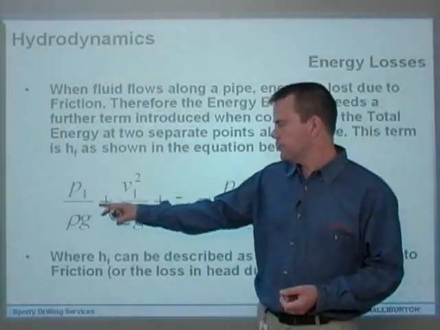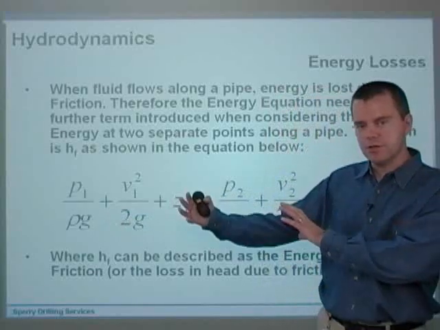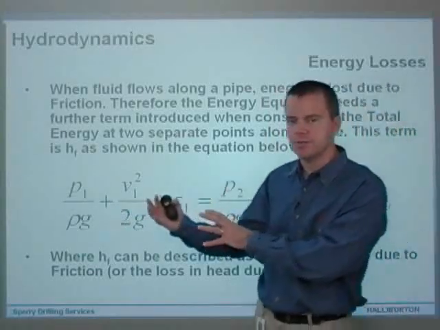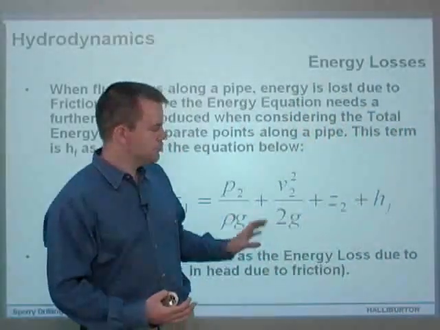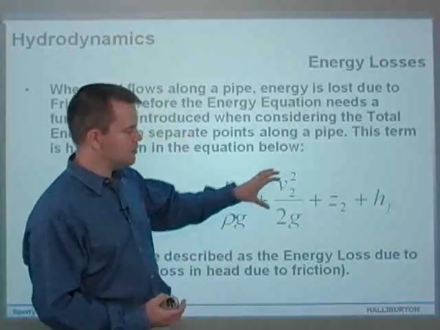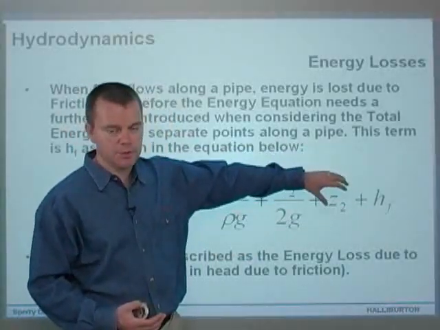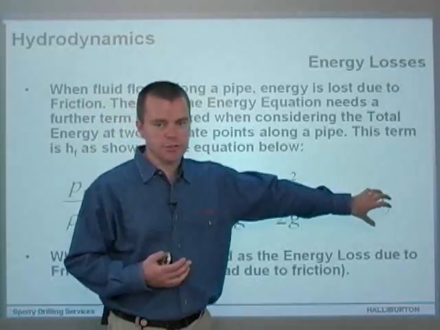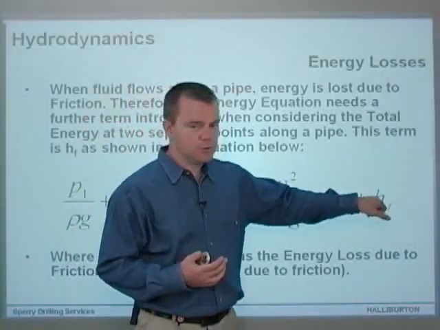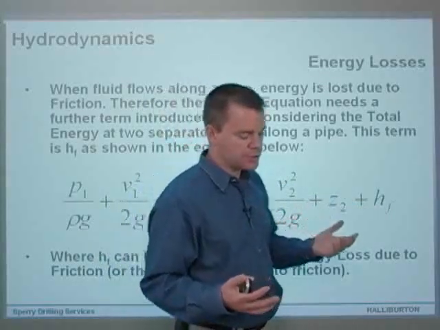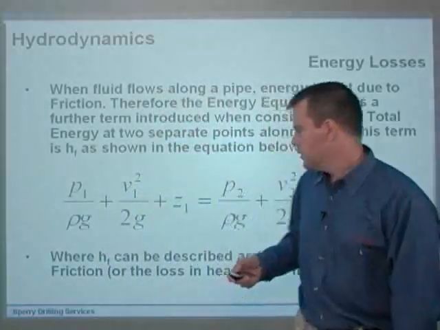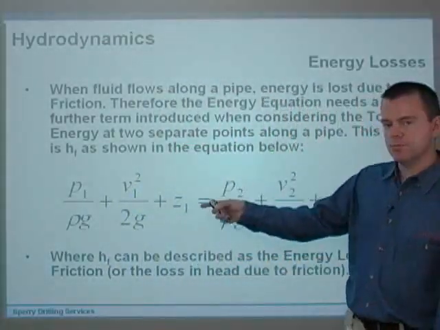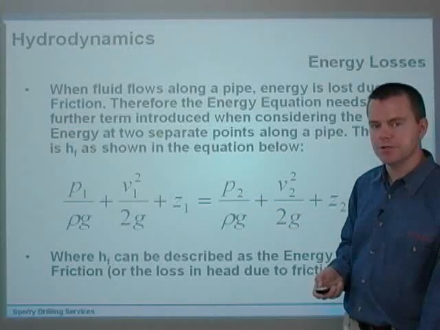So your fluid could have a certain amount of energy at one end of a system, and it should conserve that energy and still have the same energy at the other end of the system. But what you'll find is as it travels through that system, it loses some of its energy due to friction, and that's translated into heat. So this is where we end up with what's called an energy loss.